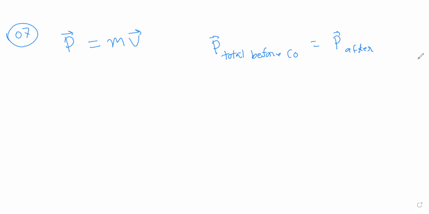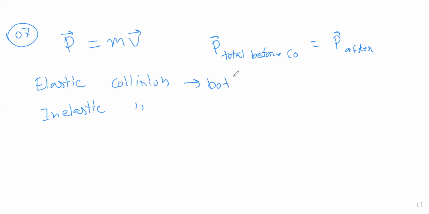In this case, we can have two scenarios. One is elastic collision, and another one is inelastic collision. In an elastic collision, both momentum and kinetic energy are conserved.